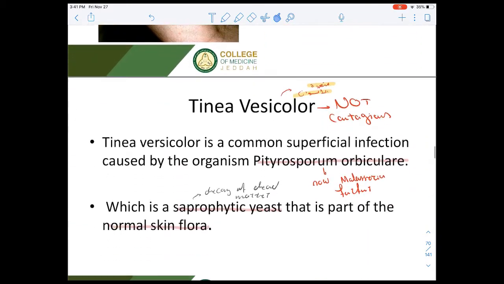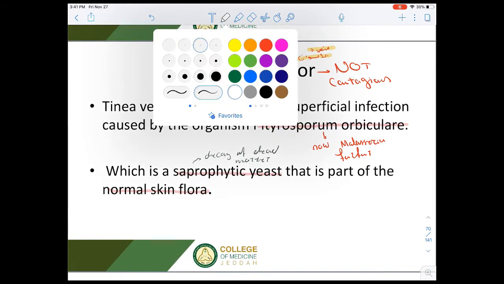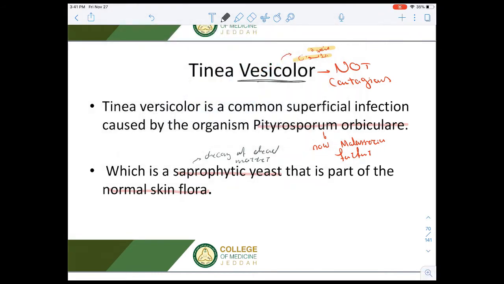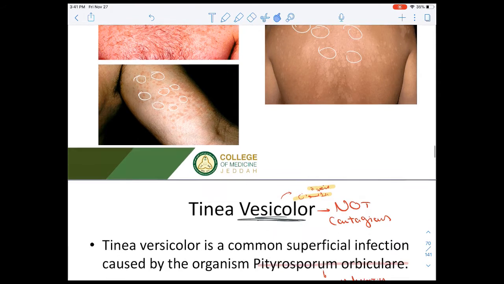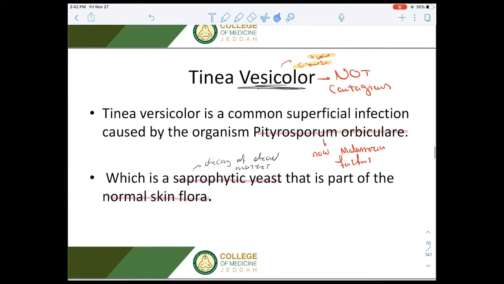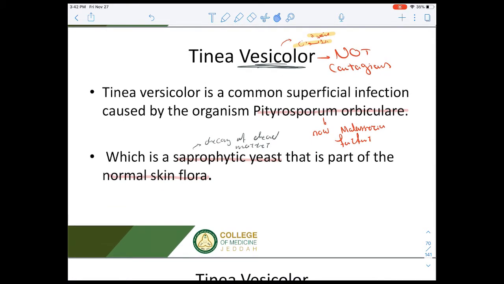And tinea versicolor, as the name might suggest, and as the doctor has mentioned during the lecture, versicolor really means multicolored, and that's why you would see hypo and hyperpigmented rashes on the skin of someone who's infected with tinea versicolor. Now, tinea versicolor is very common, right? It's a superficial infection. And why is it very common?